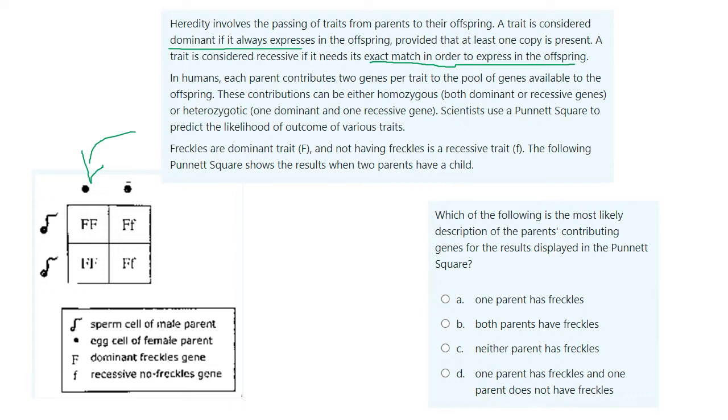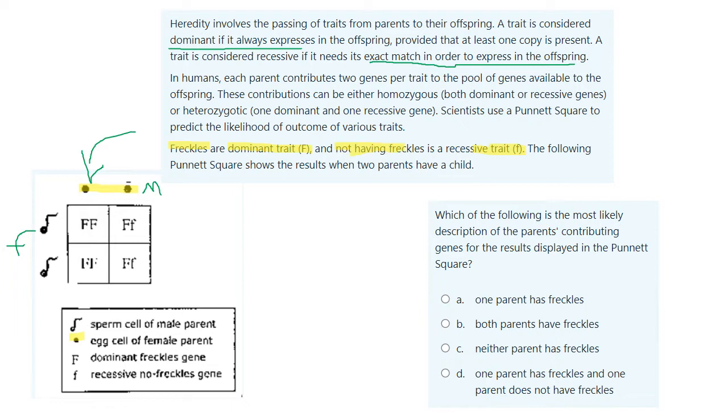For a question like this, we need to know some key information. Freckles are dominant. Not having freckles is recessive. So we have 2 parents here. The egg cell, so the mother, is at the top, and the sperm cell, so the father, is at the side.